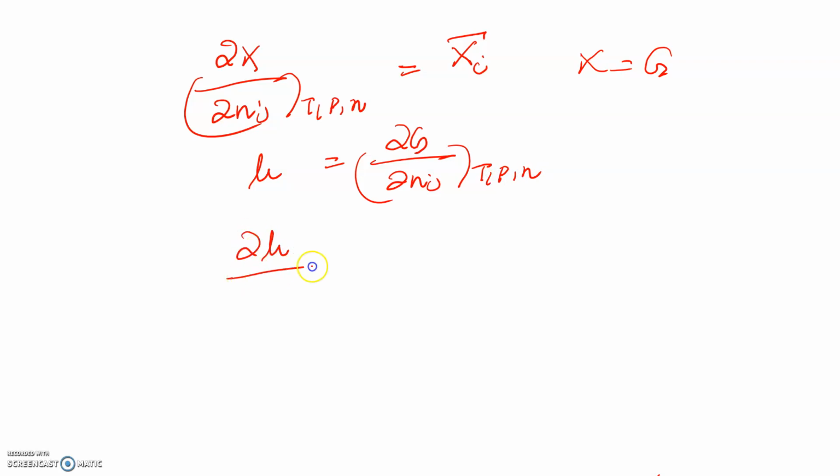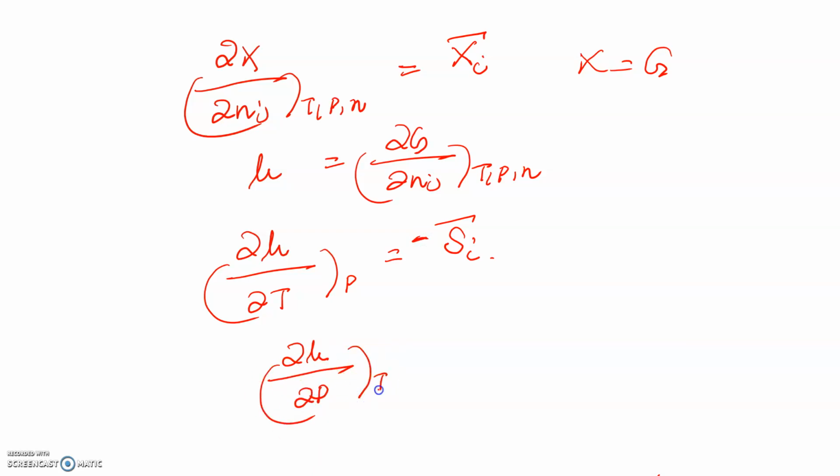Variation of chemical potential with temperature at constant pressure will give you minus the partial molar entropy, and the variation of chemical potential with pressure at constant temperature will give you the partial molar volume. This is all about chemical potential and its variation with pressure and temperature.